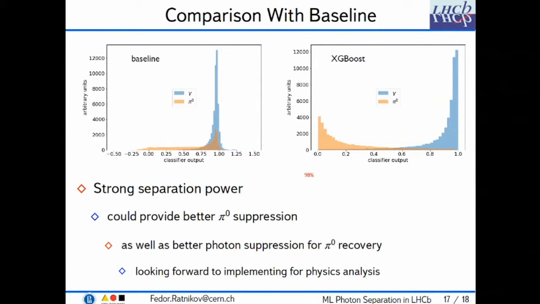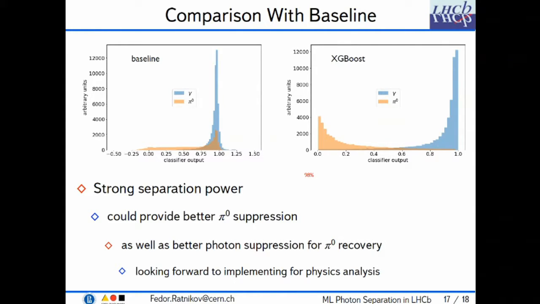Here is a comparison of the baseline and what we obtained with our plain features. These are separation distributions, and it is obvious that plain features give much stronger separation power. Unfortunately, the approval procedure in LHCb is pretty long, so I was not able to get the numbers approved in time, but the difference is pretty significant.